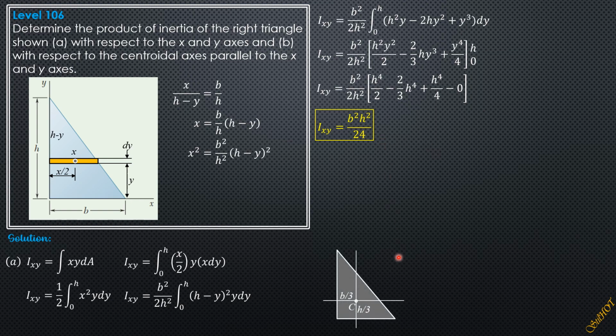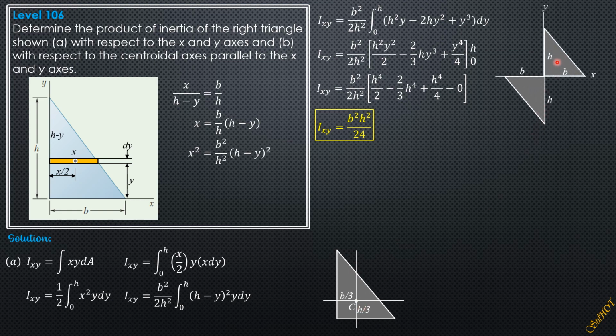With respect to the centroidal axis, since most of the areas lie in the second and in the fourth quadrant, when we compute the moment of product of inertia with respect to the centroidal x and y axis, we expect that it is negative.